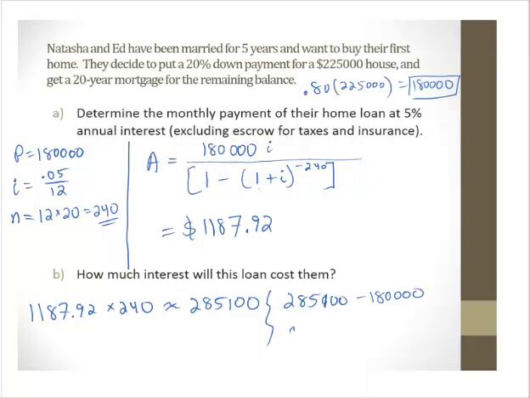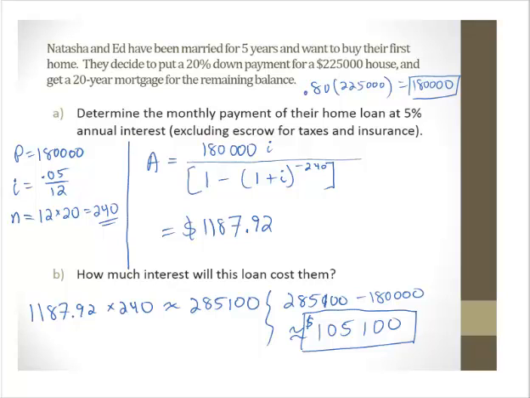So they're paying $105,000. This loan is costing them $105,000 over 20 years. So when you borrow money, all right, eventually you pay back more than what you borrowed. And so this is something that's very important to understand when you go to buy a home.